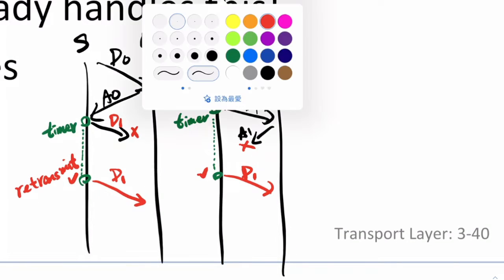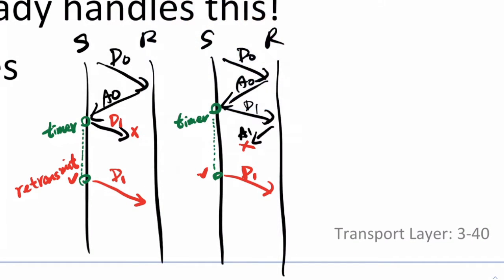Think about one interesting thing: what if the ACK is late? What if ACK 1 is simply delayed by the routers, but we have a timer right here, so the timer is triggered.